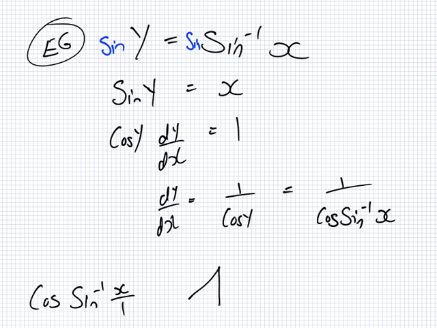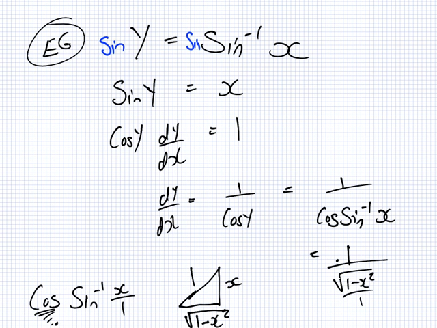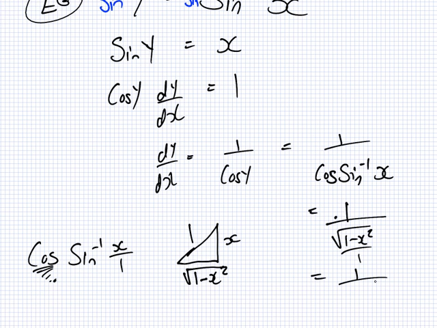Well, you draw a triangle. Opposite is x, hypotenuse is 1, and adjacent is root 1 minus x squared. If you want the cos, then that will be root 1 minus x squared over 1. So the answer is 1 over root 1 minus x squared.